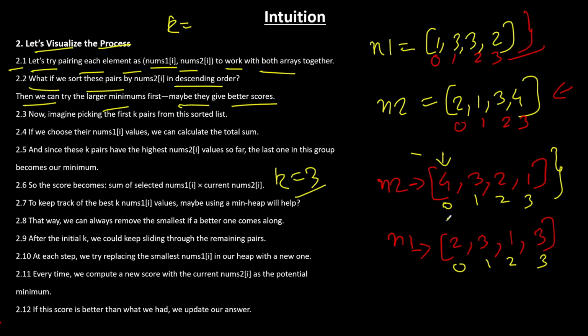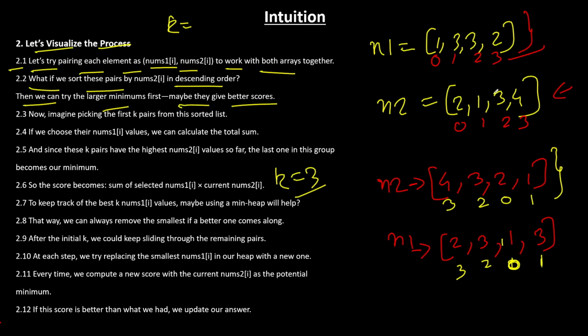Okay, I have marked the indices wrong here. Let me recorrect it. So I have now written the indices here. Now let's go. So first thing what I tried doing here is that I have sorted the nums2, and since we have to take the same indices, I have also written the parallel values for those particular nums2 values.